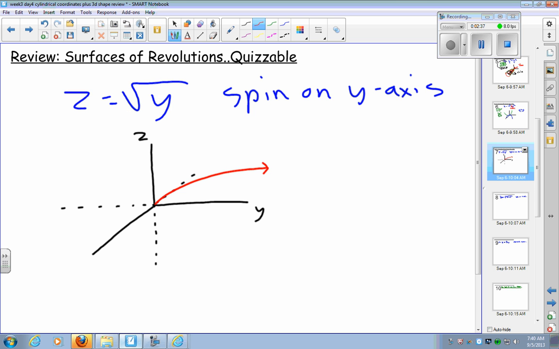It's very similar to the same thing as y equals the square root of x. So you have points like 1, 1. You have a point over here that is 2, 4, and so on. And it spins around the y-axis, which means all of these points spin.